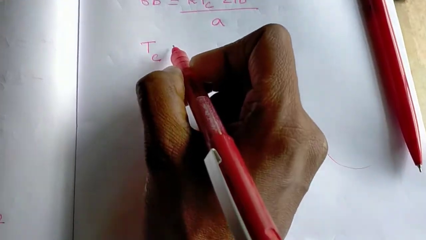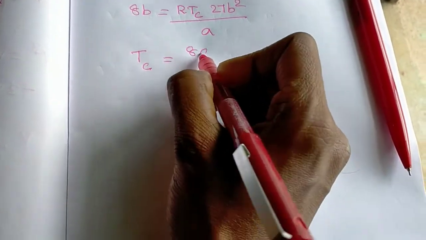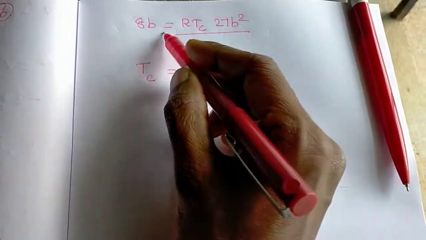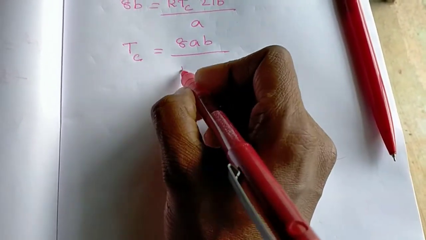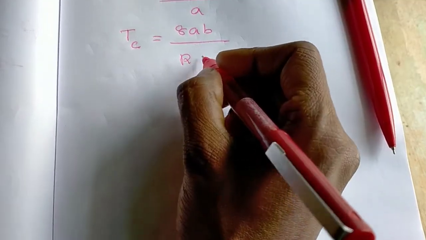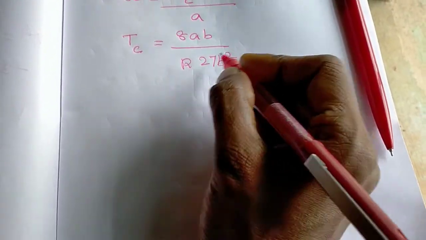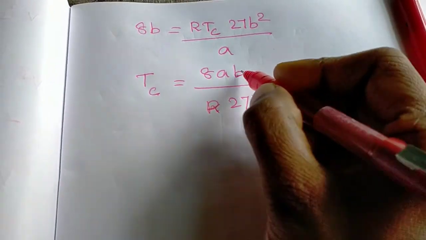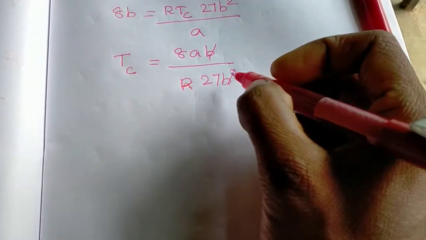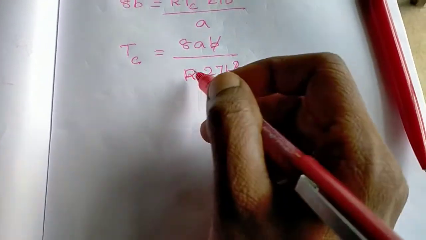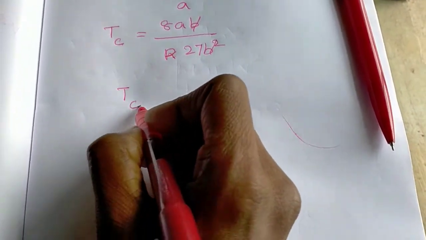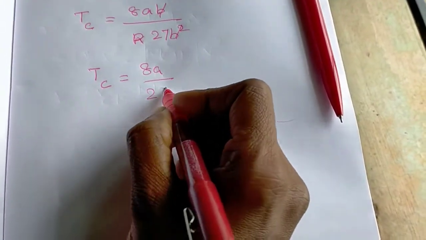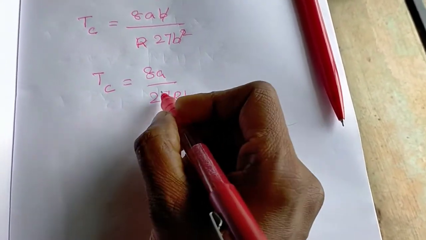So TC is equal to 8AB divided by R, 27B square. You can cancel the same terms, B square and B. So you will get TC is equal to 8A divided by 27RB.